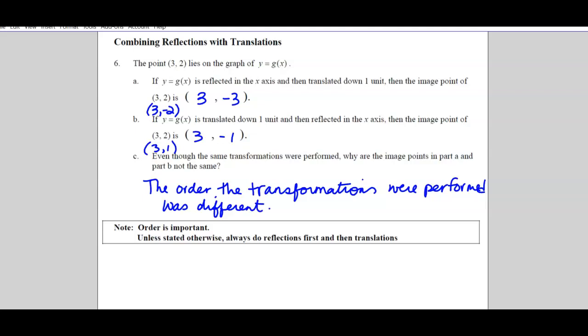Okay, so order is important. Unless stated otherwise, unless it's a question like this where it says something and then something, then you know you have to do it in that order. Always do reflection first and then translation.